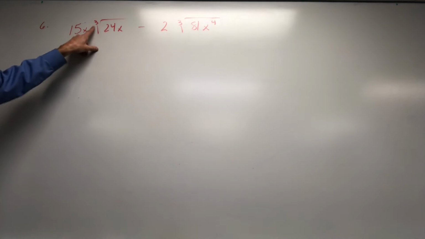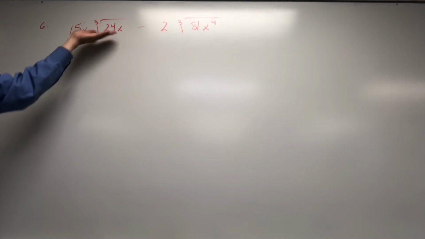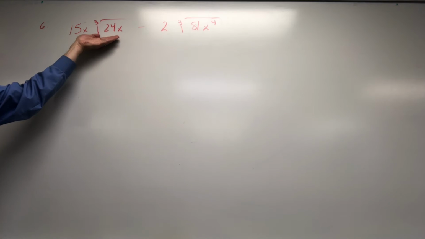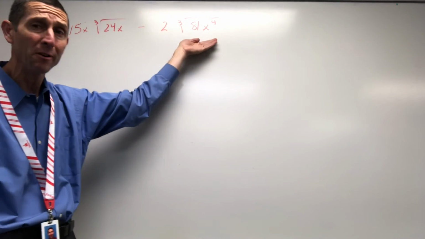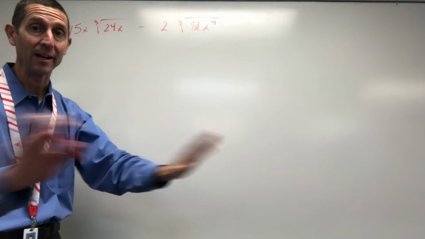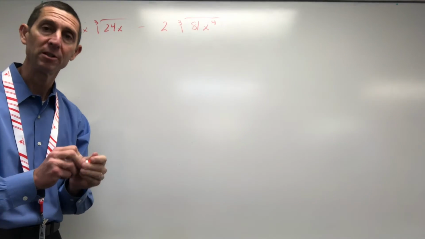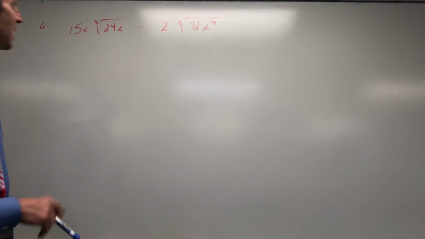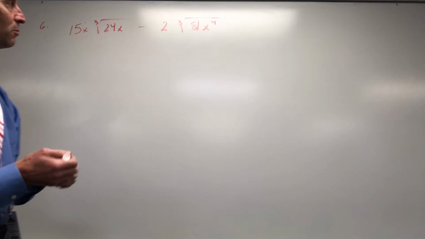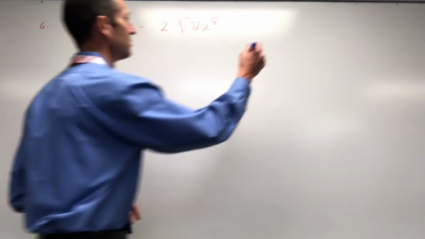Okay, same thing, cube root, but underneath we've got 24x, here we've got 81x to the fourth, not the same, not the same. So, we've got work to do. Let's get on our factor trees. How about a 24 and an 81? See what they scale down to be.